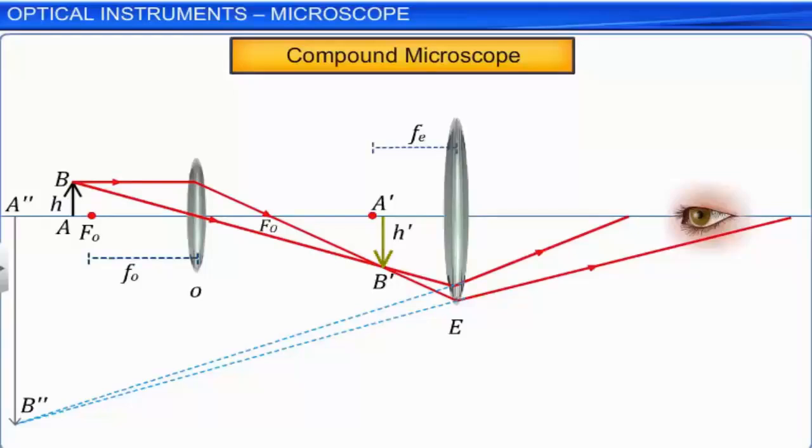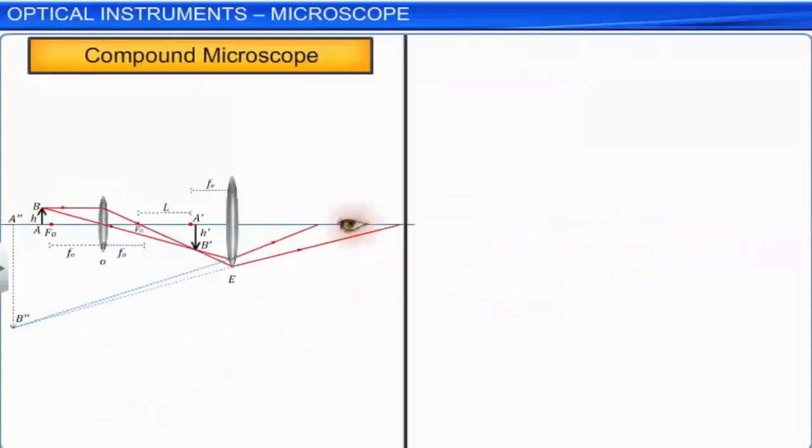If M_O is the magnification due to the objective and theta is the angle that the ray refracted by the objective makes with the principal axis, then M_O is equal to h' by h and tan theta is equal to h by f_O, which is also equal to h' by L. From these two equations, we get M_O is equal to L by f_O. Let this be equation 7.